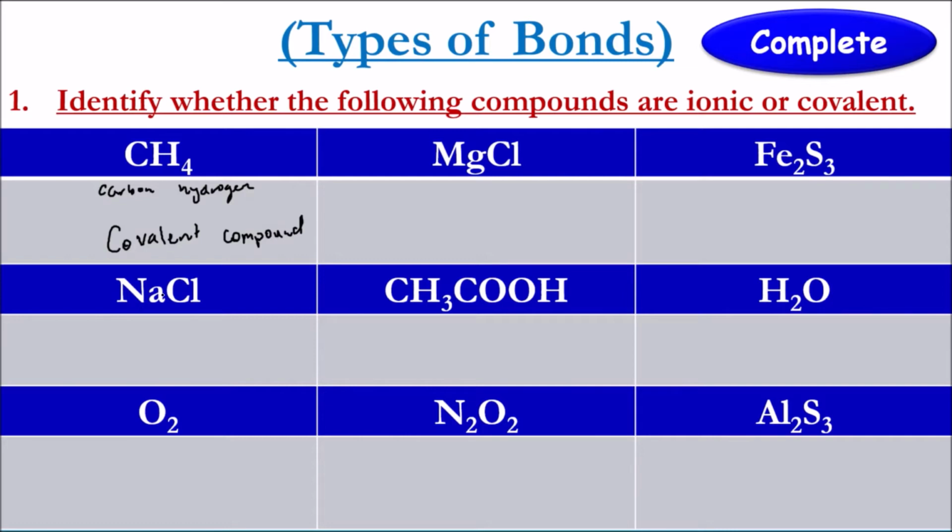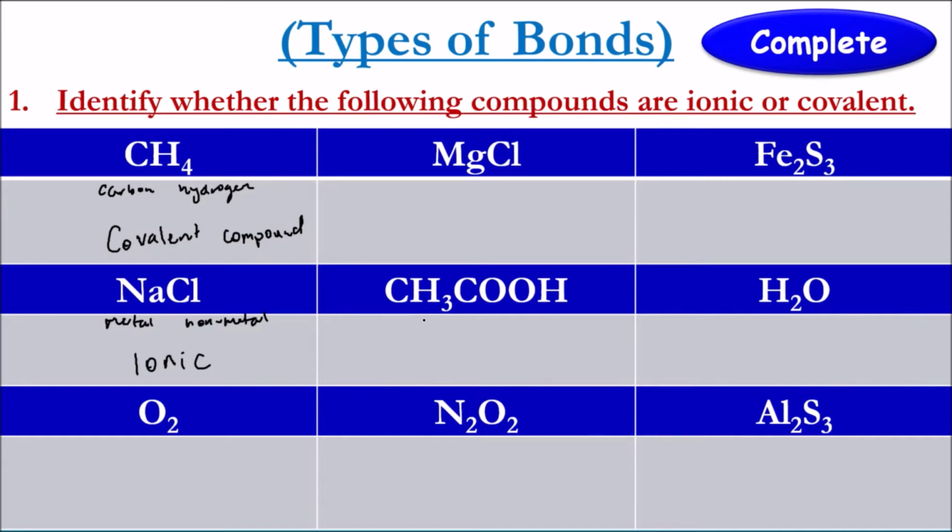We already talked about sodium chloride, but we can still talk about it again. Sodium is a metal, chlorine is a non-metal. So when we have a combination of a metal plus a non-metal, we have an ionic compound. Let's try something like this one in the middle here.